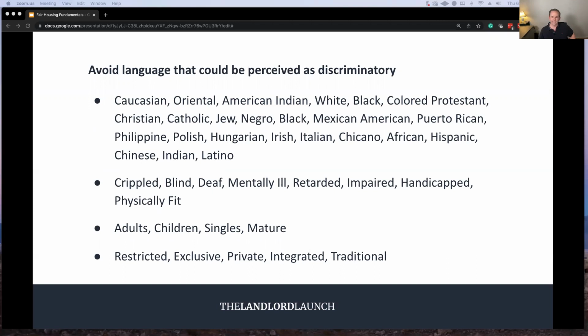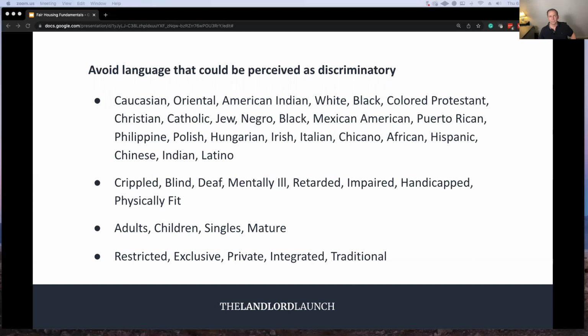That would be a big no-no. So the thing is that people aren't always that obvious, and a lot of times when they use language, maybe they don't even understand what it's doing. But this is definitely language to avoid, because again, it identifies and it excludes people that are not that.